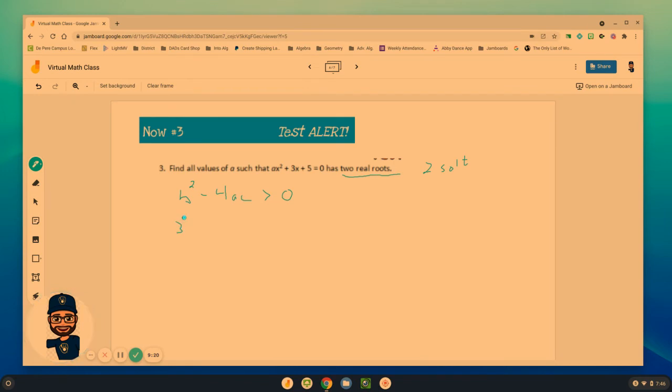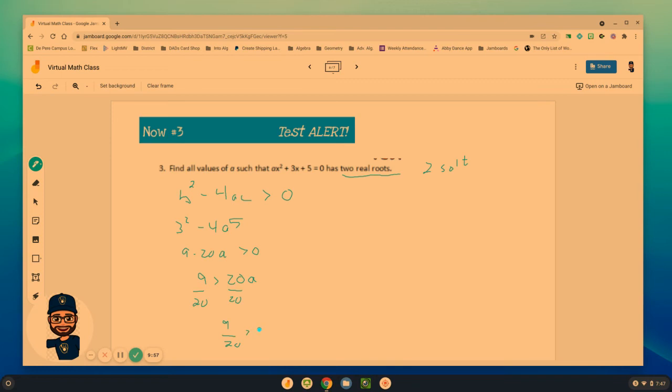3 squared minus 4 times the a value that we don't know, times the c, which is 5, or 9 minus 20a has to be greater than 0. This time, I'm going to move the 20a to the other side because I want everything to be positive. And then we'll divide by 20, such that 9/20.